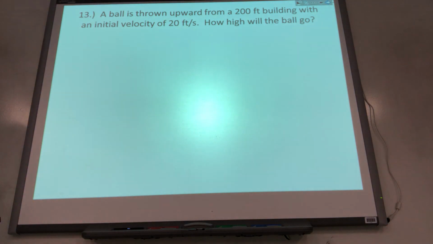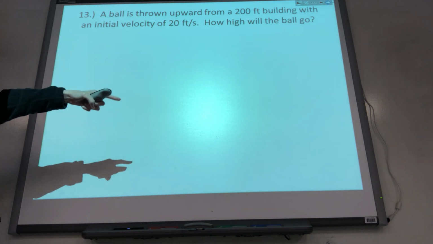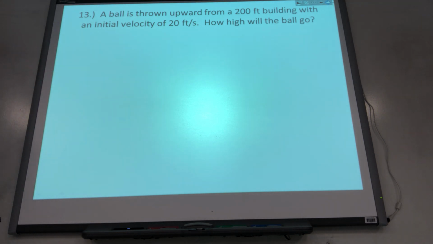Okie doke. I'm going to start by just listing the different things that they've given me, and then I'll start to plug it in and see where to go from there. This problem is asking for height, how high it's going to go. The other type in our notes was where we were trying to find what the initial velocity was.